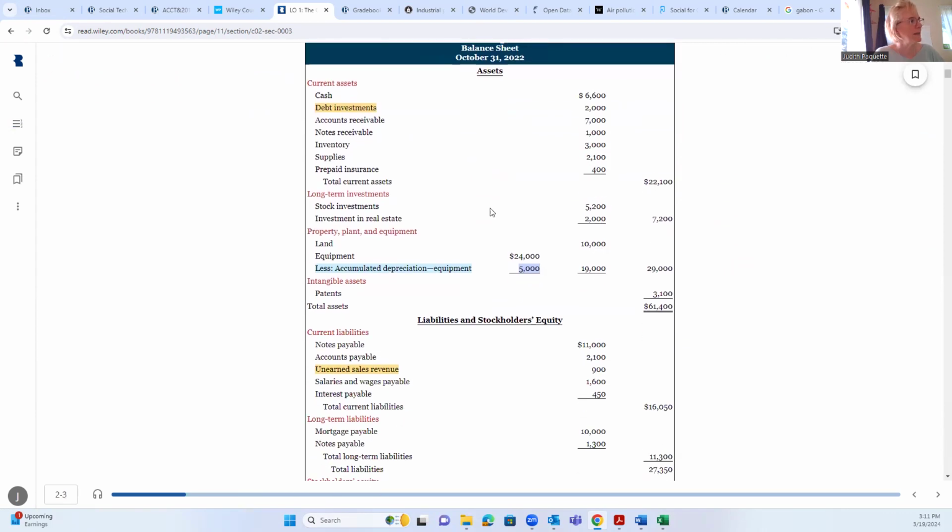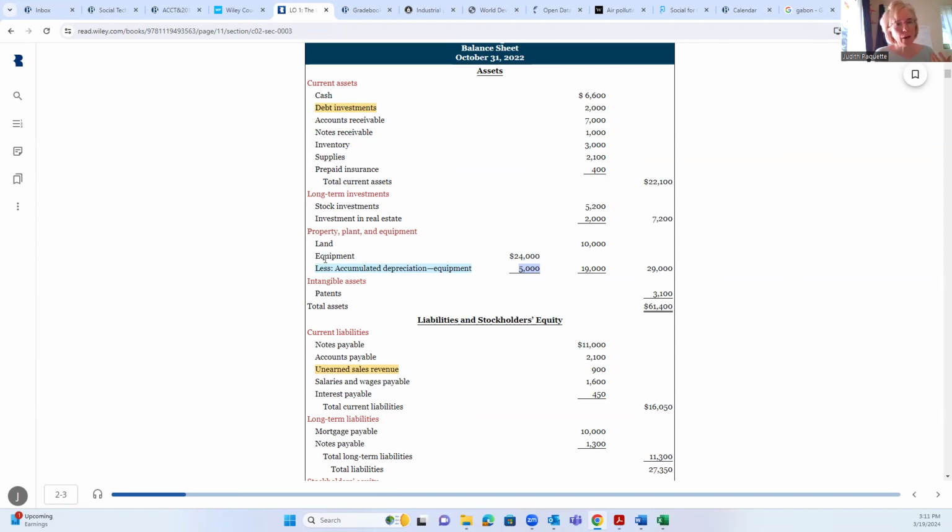Okay, so chapter 2, I just love this balance sheet. I think it's not perfect, but it's a good one. If you click on chapter 2, then click on balance sheet here, and make that go away so you have a bigger screen. Here you can see typically we list land first, then property, plant, and equipment. So land, building, and then equipment, and then less accumulated depreciation. Sometimes you'll get 2 accumulated depreciation accounts, one for equipment and one for building.